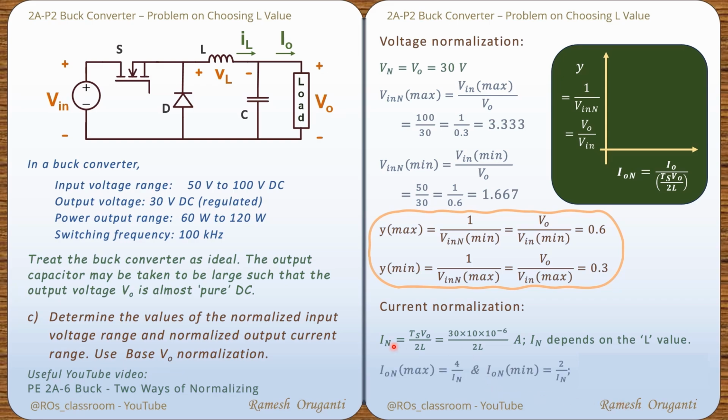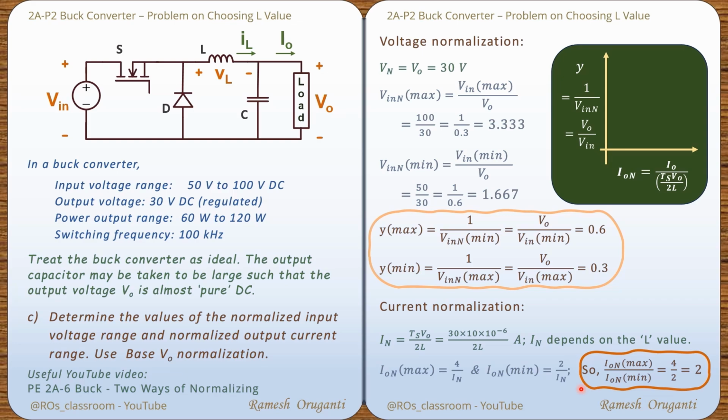ION minimum will be 2 amperes divided by the same current normalization factor IN. So the ratio between ION max and ION minimum will be 4 by 2, which will be 2. The actual normalized current values will depend on the L value chosen. That is the goal of this problem.